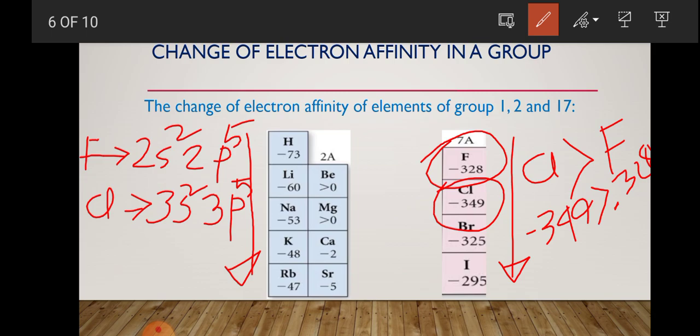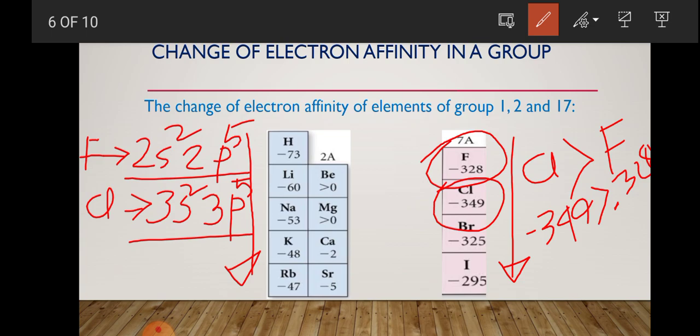F is an element of second orbit. It has 2s2 and 2p5 valence electrons. And chlorine is the element of third orbit, and it has 3s2 and 3p5 valence electrons.